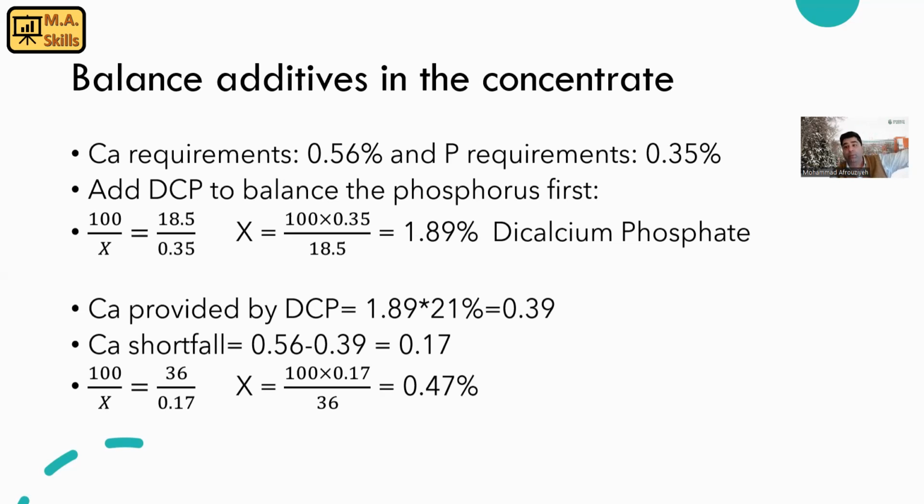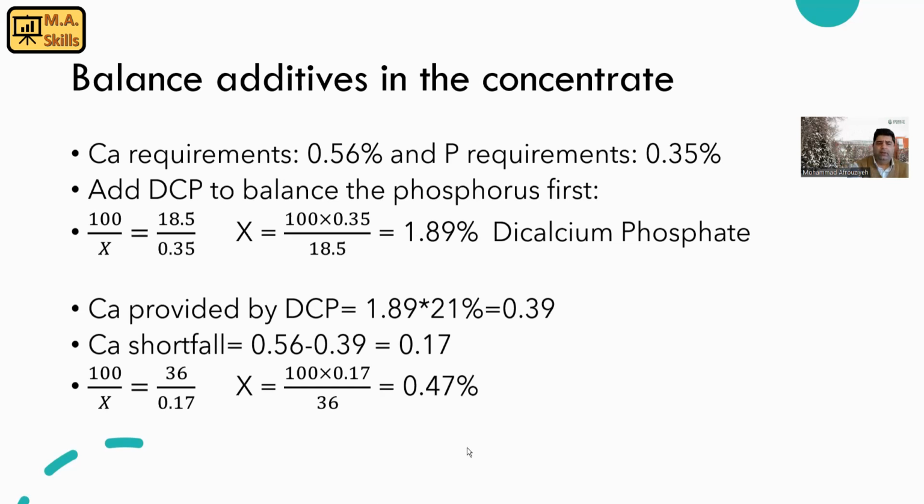So we need to balance the mineral that can come only from one source, which is the phosphorus. Phosphorus can only come from dicalcium phosphate, not from calcium carbonate in our diet. That's why we need to first balance the phosphorus, and then we can balance the calcium.